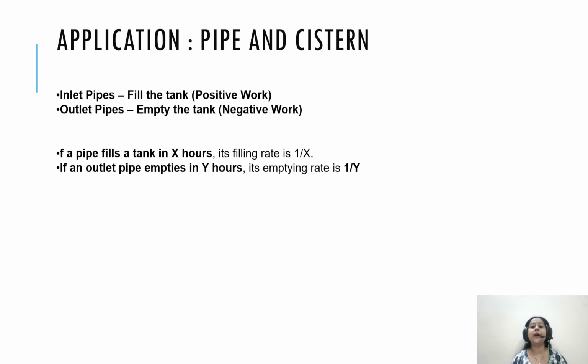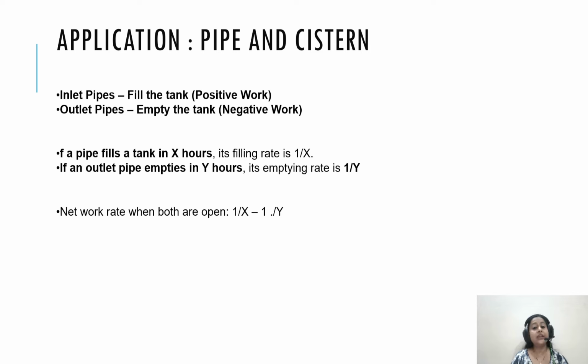Now suppose both the pipes are open. One pipe is filling and another pipe is removing the water, emptying the tank. So what will happen? The net work done if both pipes are open will be 1 by X minus 1 by Y. Why minus 1 by Y? Because this outlet pipe is emptying the tank.